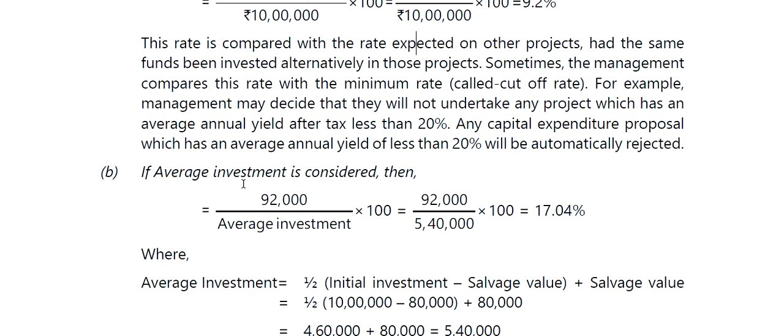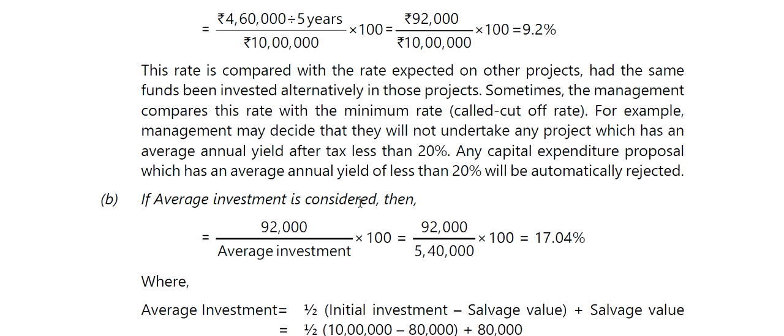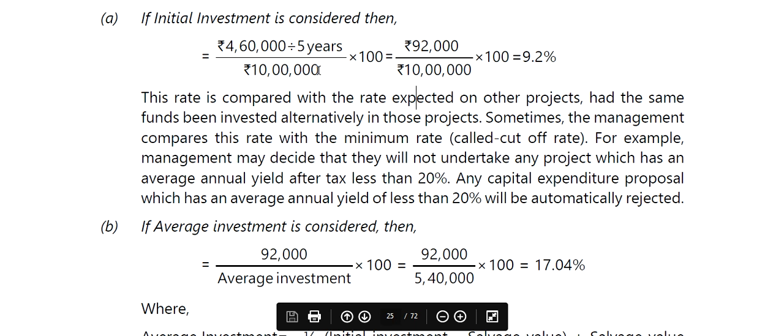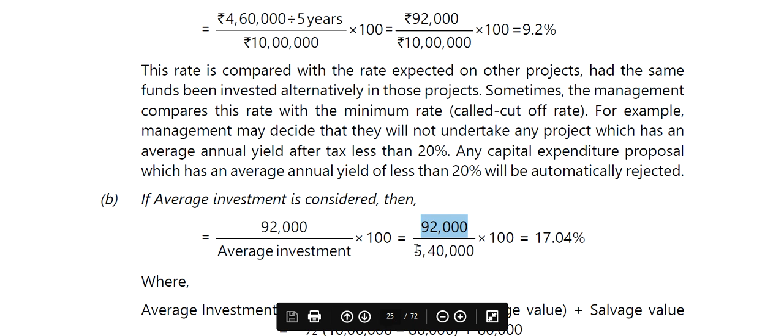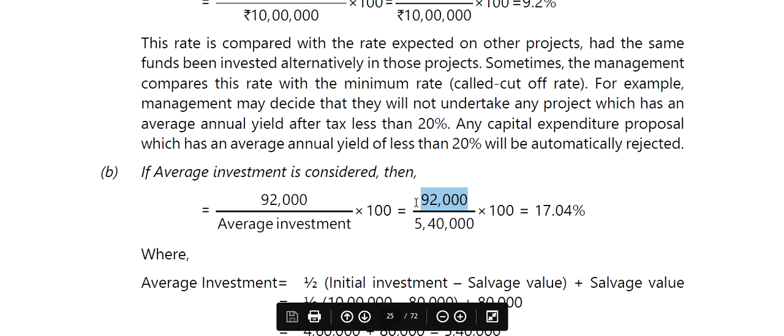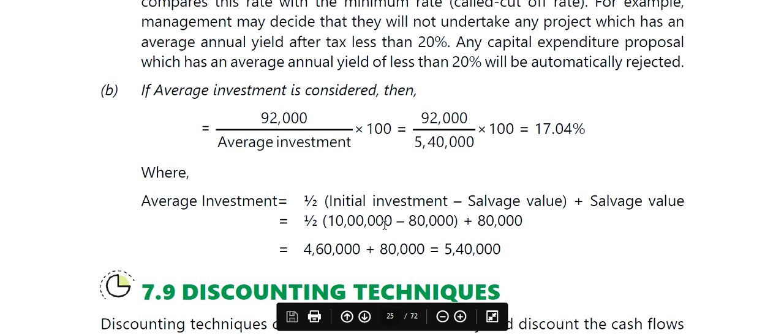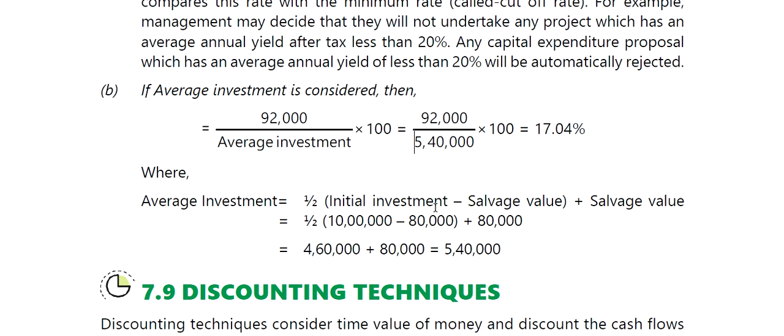If you consider average investment, you average both. 92,000 is your income, total profit divided by the number of years, as well as your investment. Not 10 lakh here. How is the investment calculated? 10 lakh plus 80,000 salvage value, divided by 2.